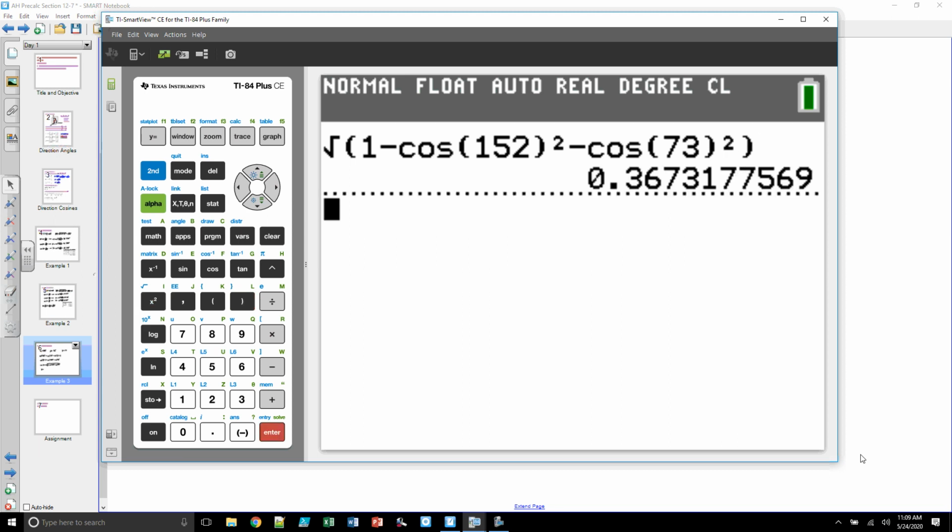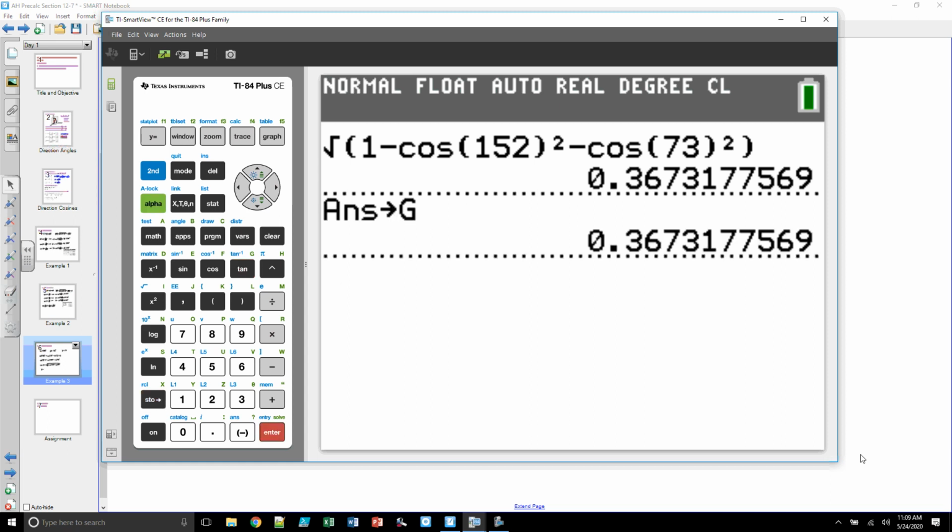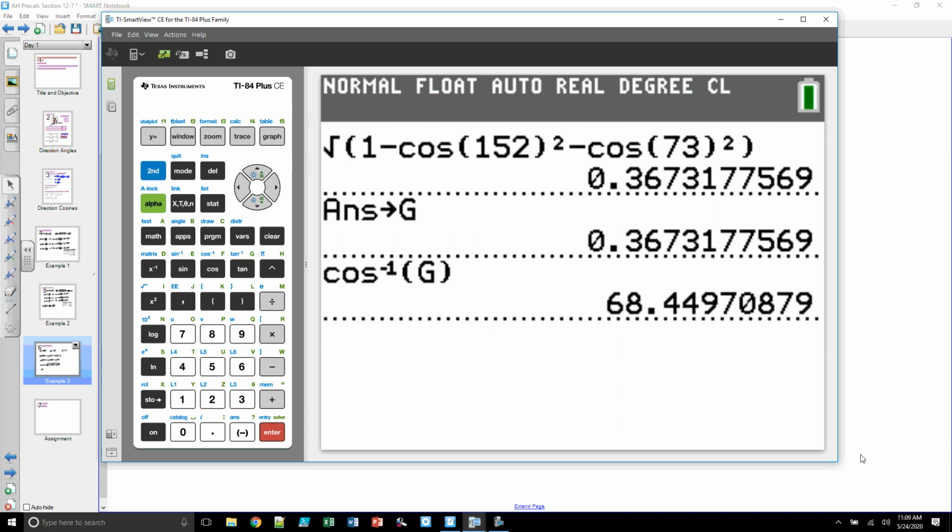And so we end up with 0.367, and I need to take the cosine inverse of that quantity and the cosine inverse of the opposite of that quantity. Let me store this into g, since this is gamma, so I have that value and can find the two quantities I need. I need the cosine inverse of that value of g, and I need the cosine inverse of the opposite of that value.